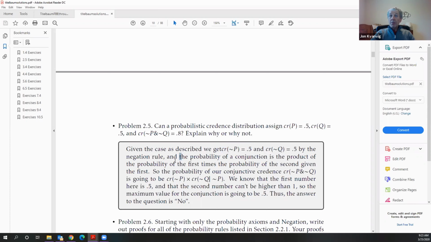We also know that the probability of a conjunction is the probability of the first times the probability of the second given the first. So in particular, the probability here is going to be the probability of not p times the probability of not q given not p.